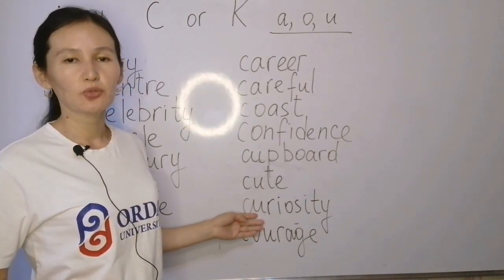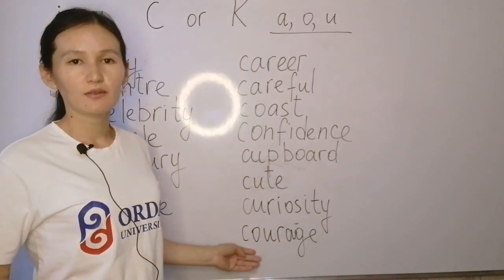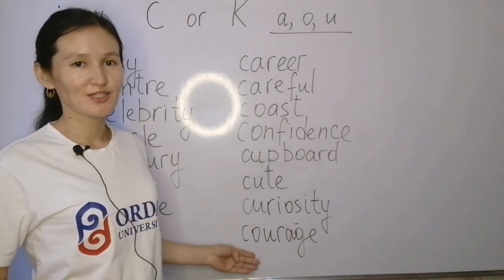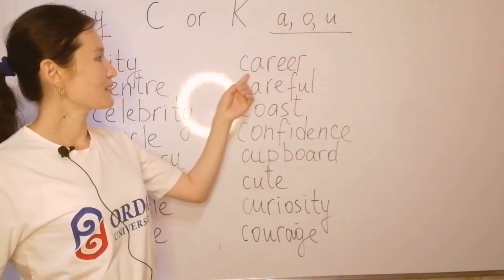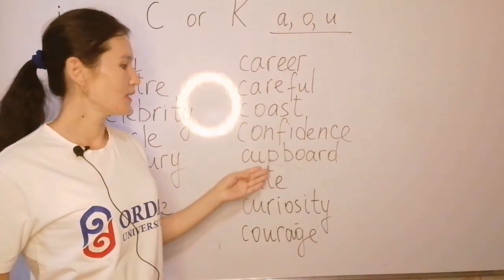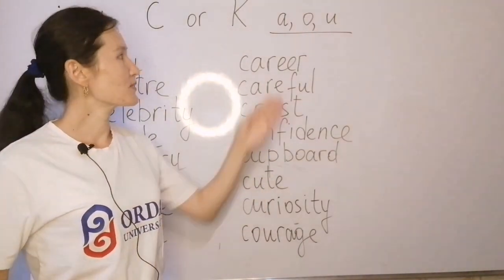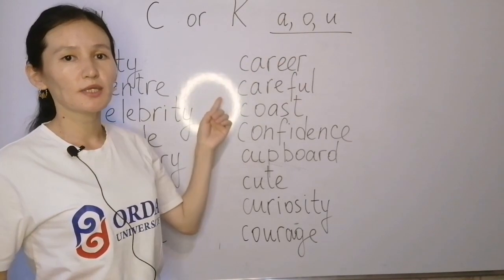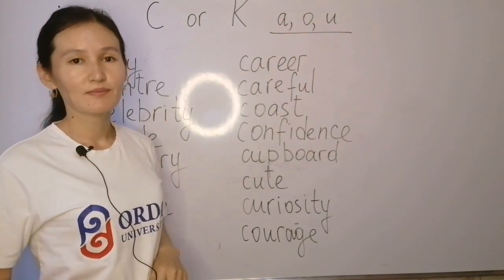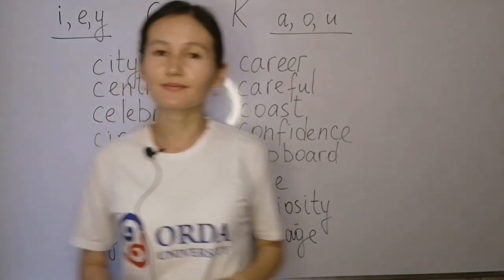And last but not least, courage. And in this case, after C, we can see letters A, O, and U. Remember, before those vowels, we pronounce the letter C as K. Okay, let's review all the words one more time.